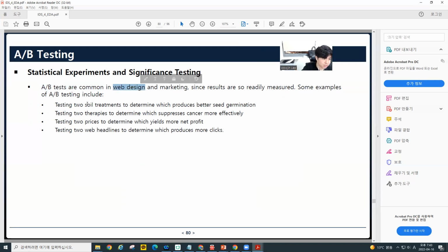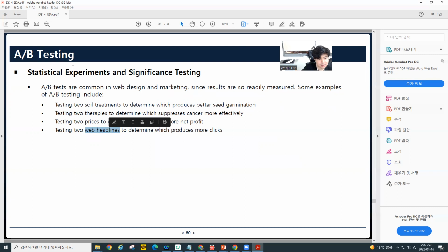We may want to test two soil treatments to determine which one is better, two therapies to determine which one is more effective, two prices to find out which one can bring a better profit, or two headlines to find out which makes people click more.